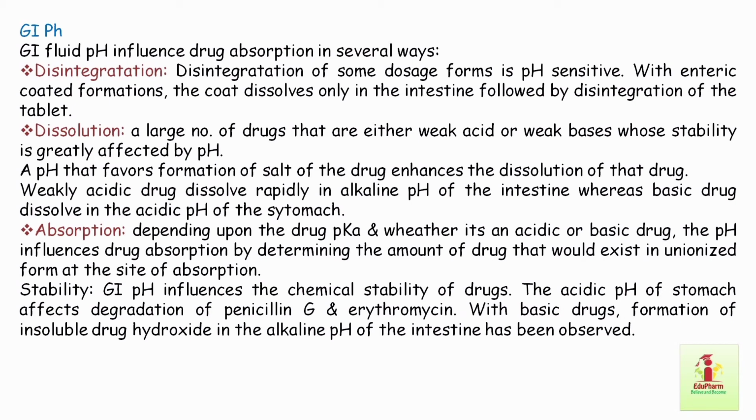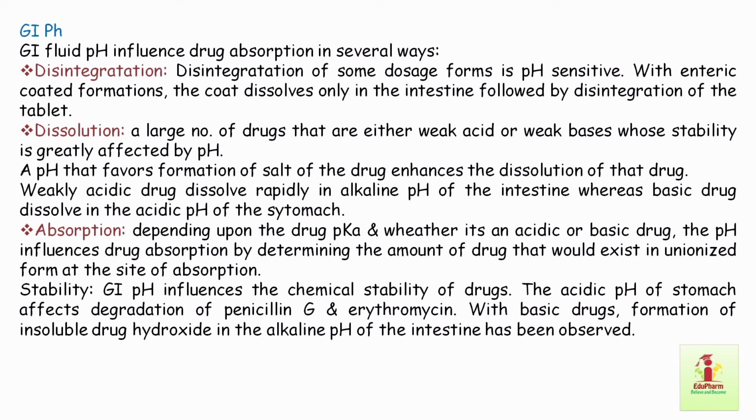Another one is dissolution. A large number of drugs are either weak acids or weak bases whose solubility is greatly affected by pH. A pH that favors formation of salt of the drug enhances the dissolution of drug. Weakly acidic drugs dissolve rapidly in the alkaline pH of the intestine, whereas basic drugs dissolve in the acidic pH of the stomach.